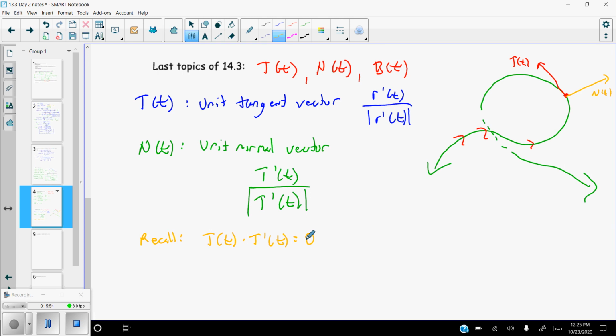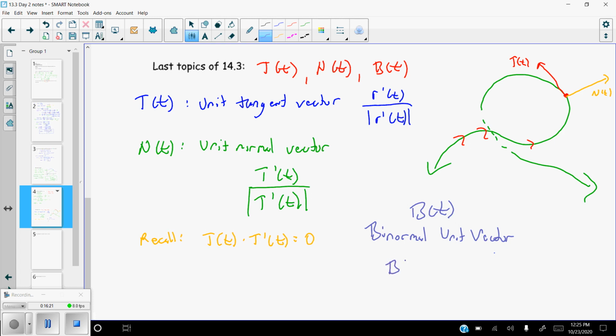Okay, and then the last thing is called the binormal. Let's go with purple on this one, I guess. The binormal unit vector, that's this B of t, is a vector which is perpendicular to both the tangent and normal vectors.